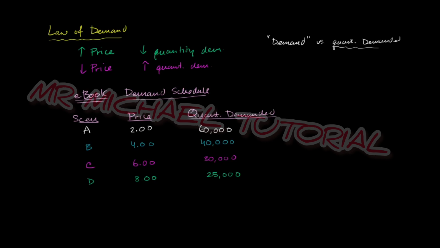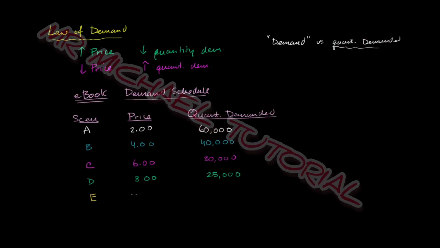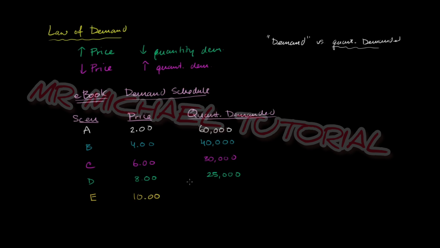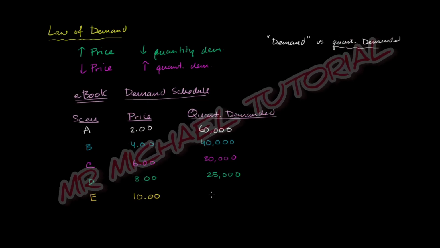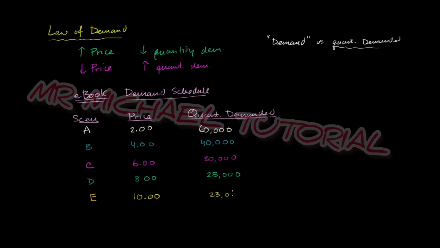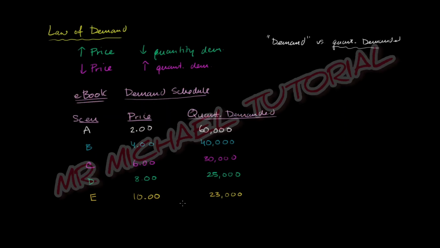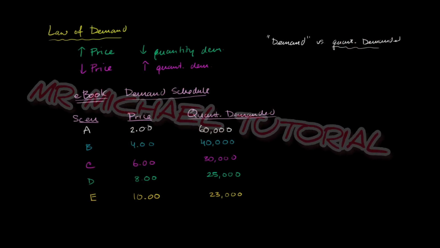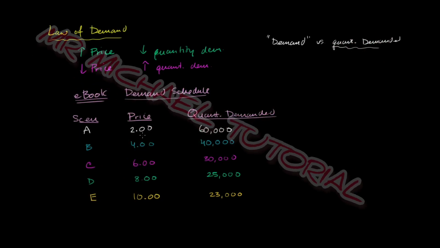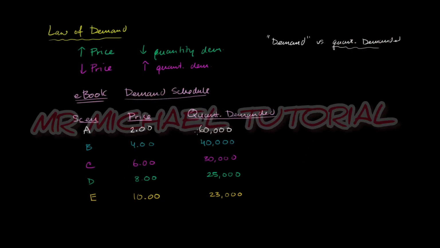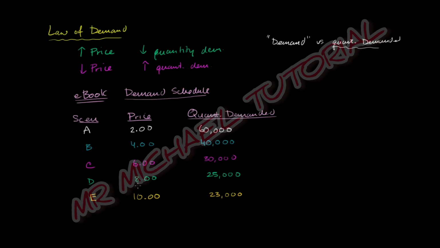Scenario E, if I raise it to $10, now the quantity demanded, let's just say, is 23,000. So this shows the law of demand right over here, and this table that shows how the quantity demanded relates to price and vice versa, this is what we call a demand schedule.